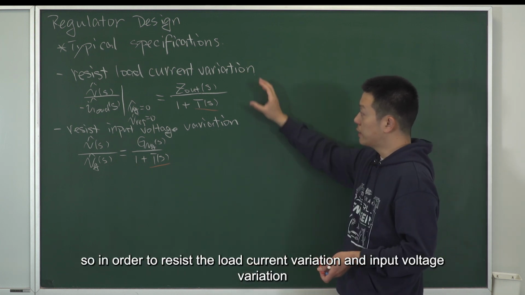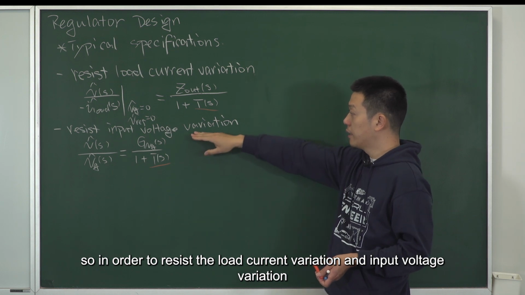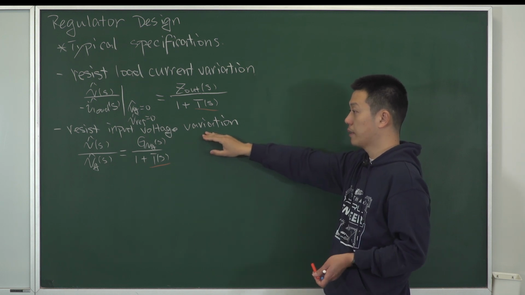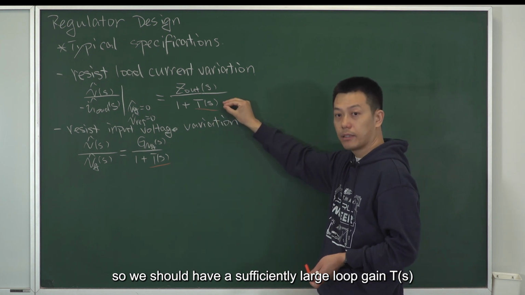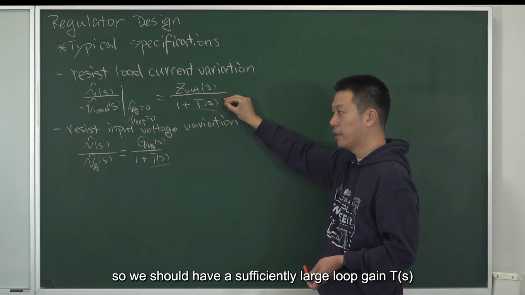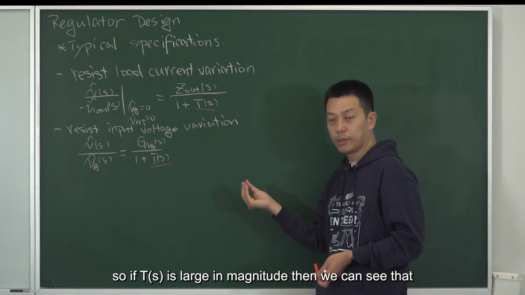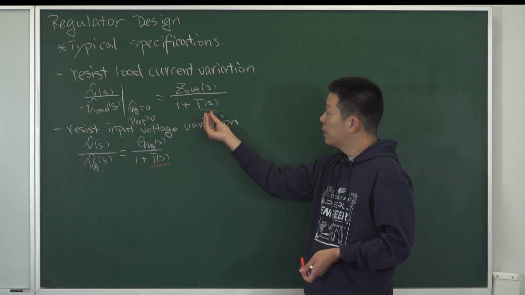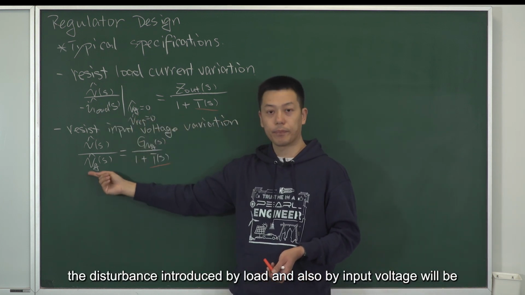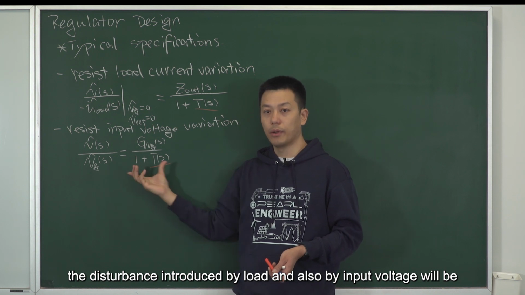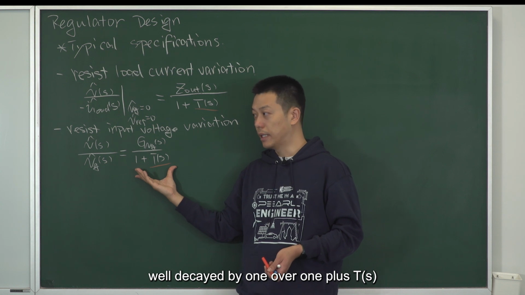So in order to resist the load current variation and input voltage variation, we should have a sufficiently large loop gain T. If T is large in magnitude, then we can see that the disturbance introduced by load and also by input voltage will be well decayed by 1 over 1 plus T, right?